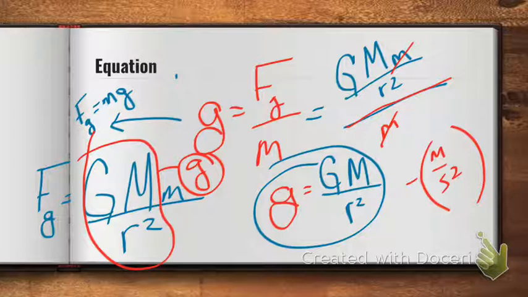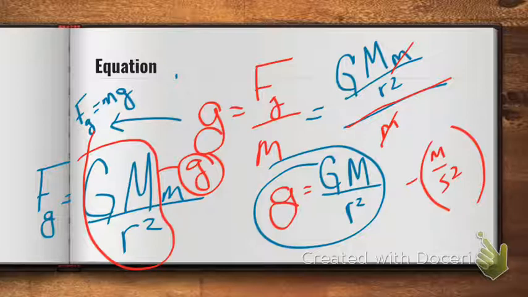That's basically asking you to figure out the ratio, the proportionality of one planet to another, using g as your basis. So that's basically universal. That is gravitational field strength. Remember, it's basically an acceleration. It's acceleration due to gravity.